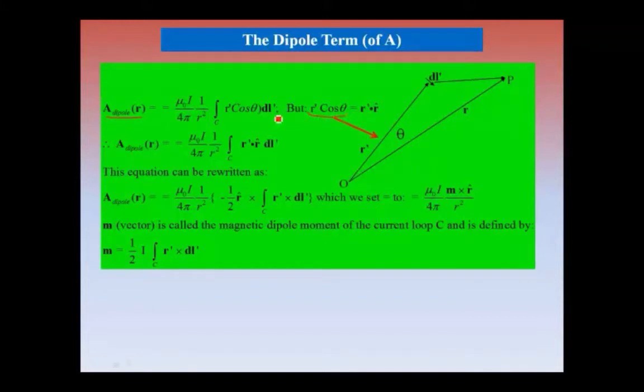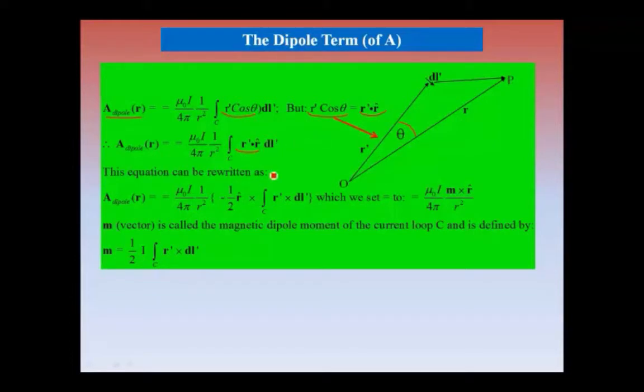If you look at this expression here where we have a dl in this position, and we have R prime here and R here, theta is the angle between them, then we can take this R prime cosine theta and replace it by this R prime dot R hat. And that's what I've done here. So here's R prime dot R hat put into the integral to replace this factor here.